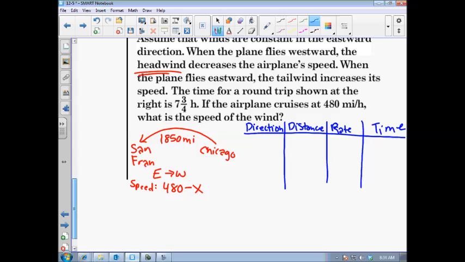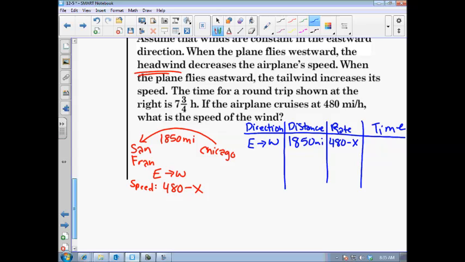Okay, so we already said direction, east to west. The distance was how much again? 1,850 miles. What does rate mean? 480 miles per hour. It's the speed, but we have a headwind, so we're going slower than that. So it's 480 minus the wind pushing at us.